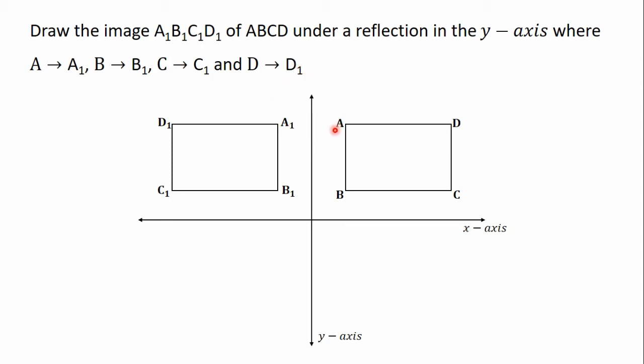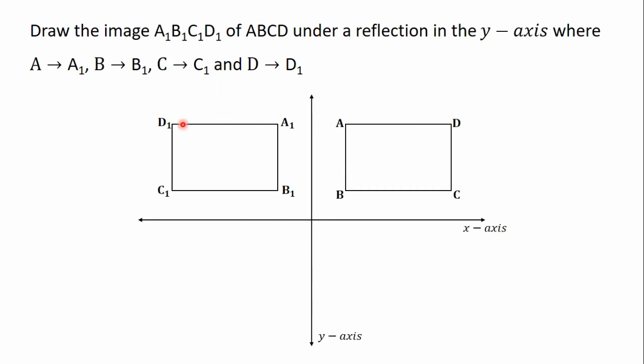We already have the coordinates of A, B, C, and D. And we also know how to reflect a point in the y-axis. So doing that won't be difficult at all. So all that we are going to do now is to reflect the point A in the y-axis to get A1, reflect the point B to get B1, reflect the point C to get C1, and then reflect the point D to get D1.